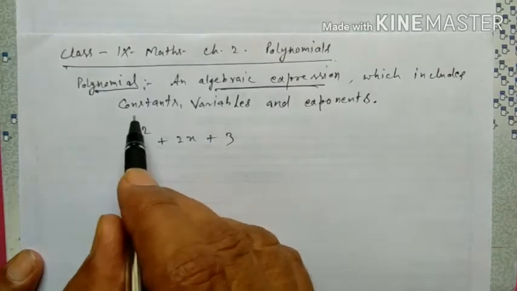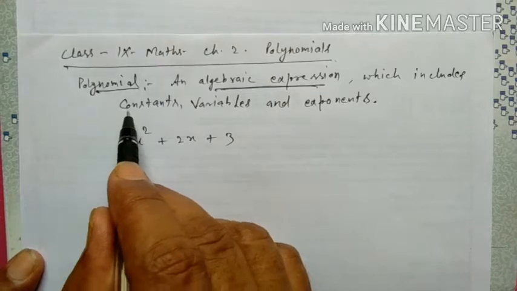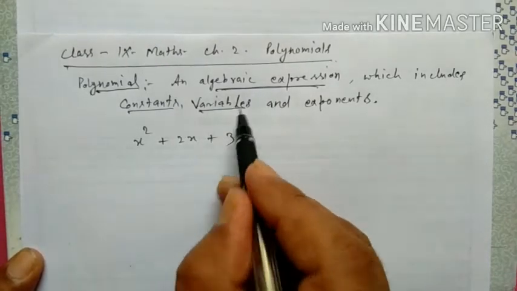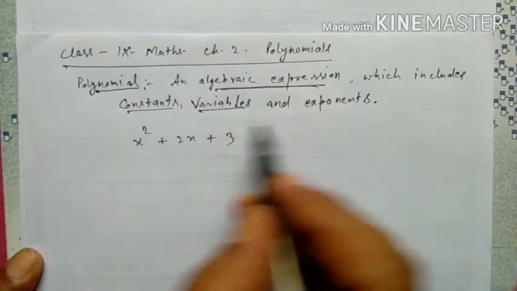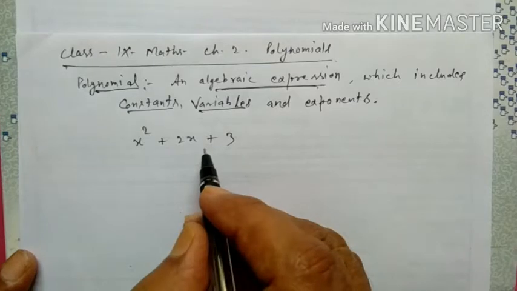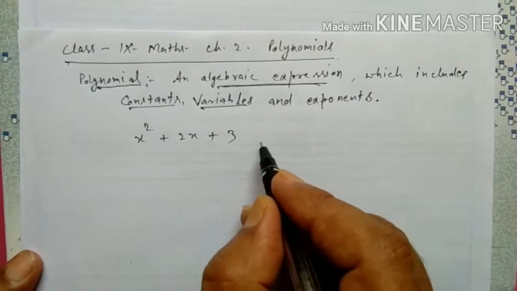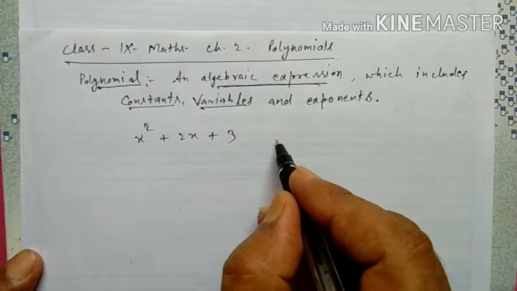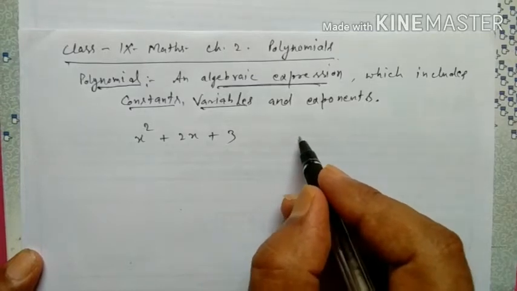It contains constants. Here 2 and 3 are constants, x is the variable, and the power of the variable is the exponent. So this is a polynomial in one variable.